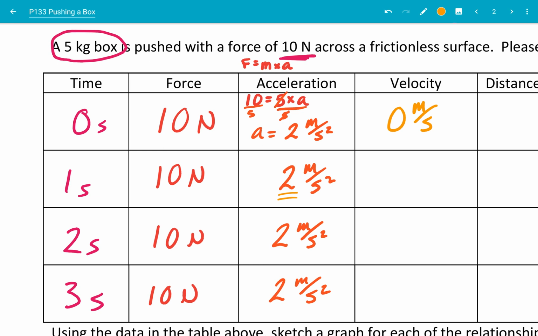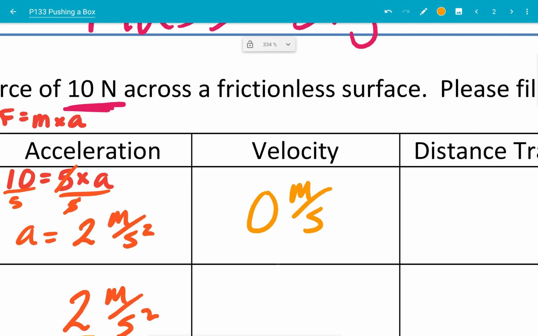So 2 meters per second squared means 2 meters per second faster every second. So we have a formula that we use for calculating this velocity, and this velocity is technically a final velocity because the box is accelerating. So our formula for Vf is the initial velocity Vo plus a times t, acceleration times time.